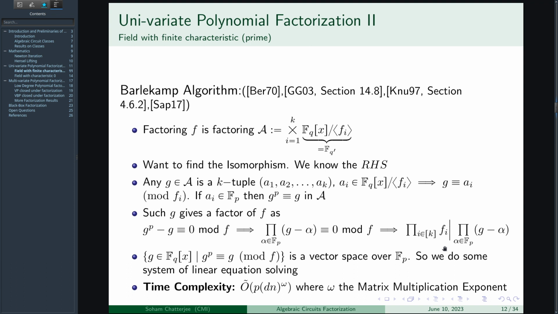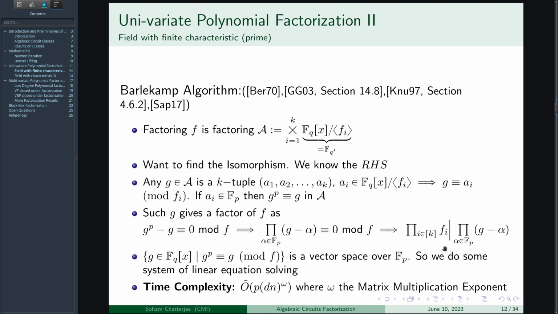Now see, this set of g in F_q[x] forms a vector space over F_p. So we have to do some linear equation solving to get a g, and then for each alpha we take the GCD of f and g minus alpha, which gives a factor.